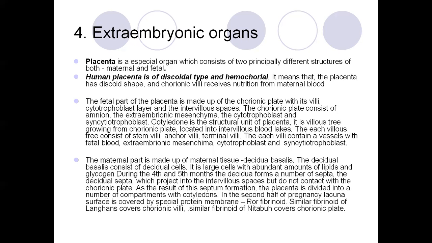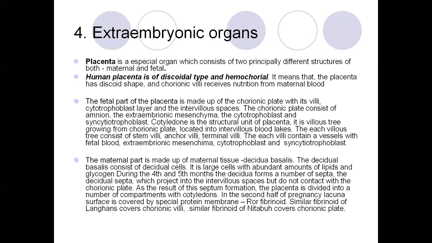Placenta, the next extraembryonic organ. Placenta is a special organ which consists of two principally different structures, both maternal and fetal. The placenta consists of the chorion with its villi and the decidua basalis. Decidua basalis is the tunica mucosa of the uterus.